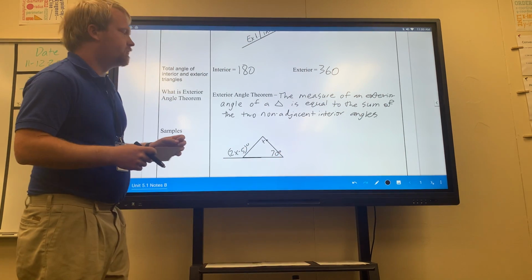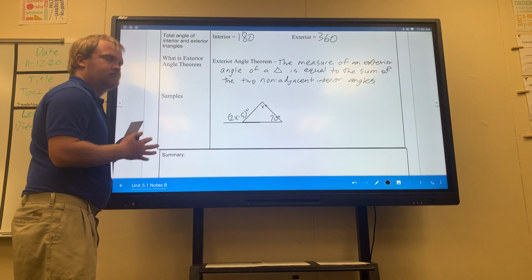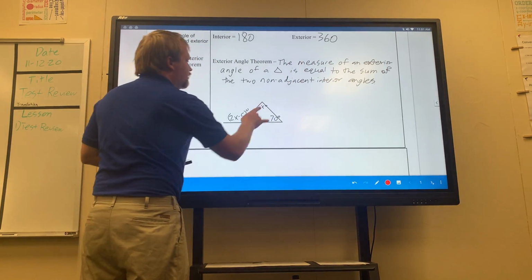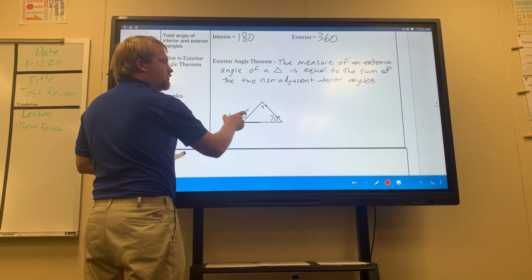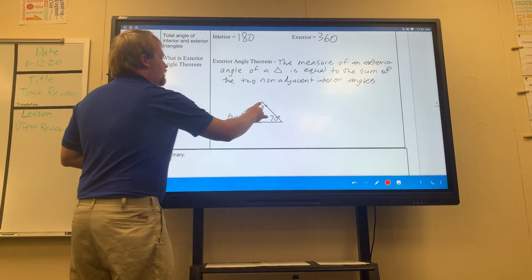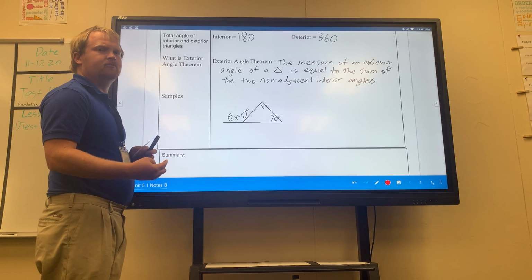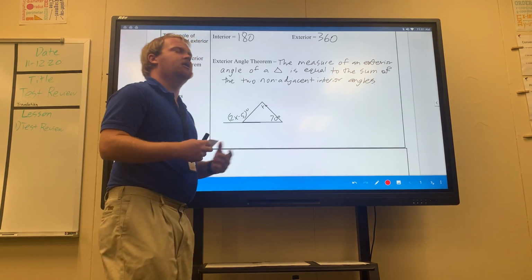So basically, if I look at this example, I have these two angles that are non-adjacent to this exterior angle. But what's interesting is that they actually add up to this exterior angle. That's something unique about it. It's something that always seems to be happening.